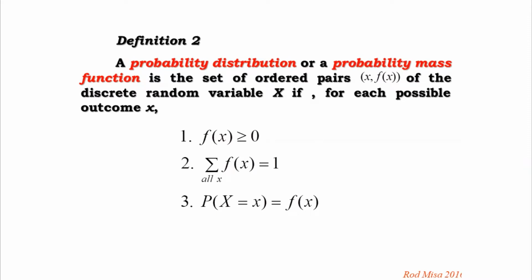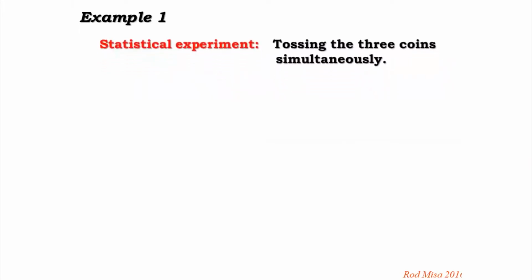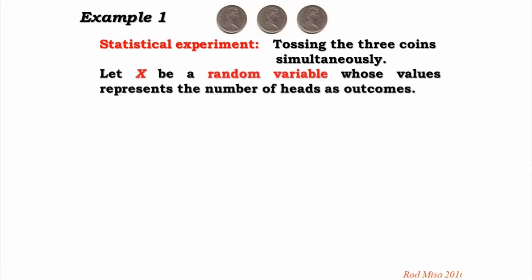Now, to illustrate this probability distribution or probability mass function, we'll have our example 1 here. Suppose we perform a statistical experiment which is tossing 3 coins simultaneously, and let X be a random variable whose value represents the number of heads as outcomes.